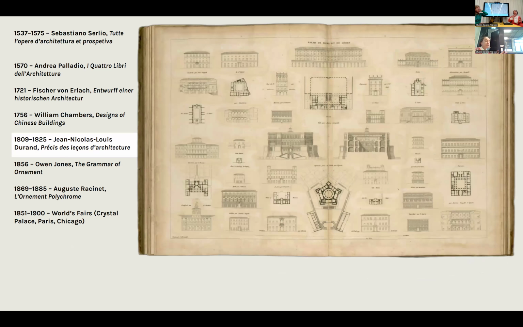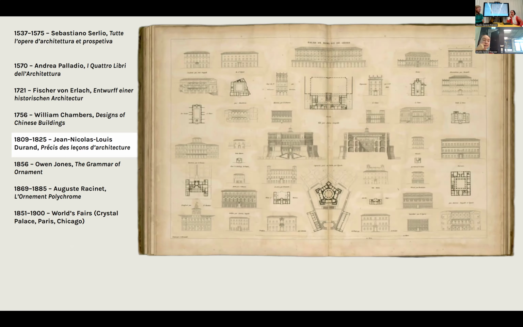Quite a big shift, and here, going towards the French, the Durand book on architecture aims to catalog architecture not only into styles but now also into typologies of buildings. Okay, so one could say that up until now they were trying to look at different cultures and the way things look, like this is how buildings look here, and this is how buildings look over there, based on style.